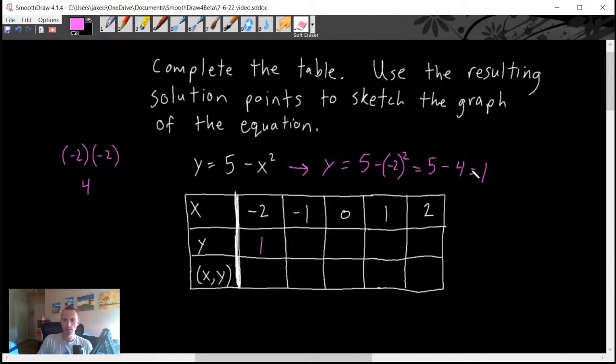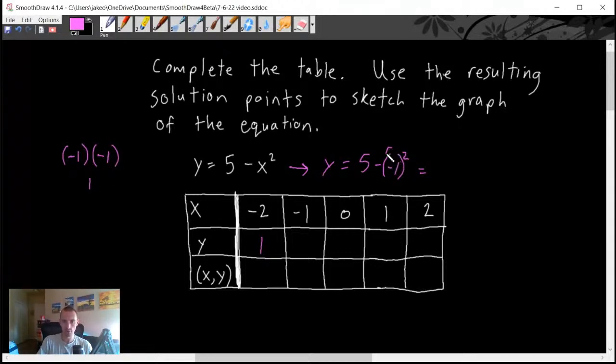Okay, so now we need to do the exact same thing with x equals -1 this time. If we go to our equation, 5 minus x squared, we replace the x with -1. Now we need to simplify that. Again, inside the parentheses, there are no operations being done, so the next operation in the order of operations is the exponent. -1 squared is the same as -1 times -1, which is +1.